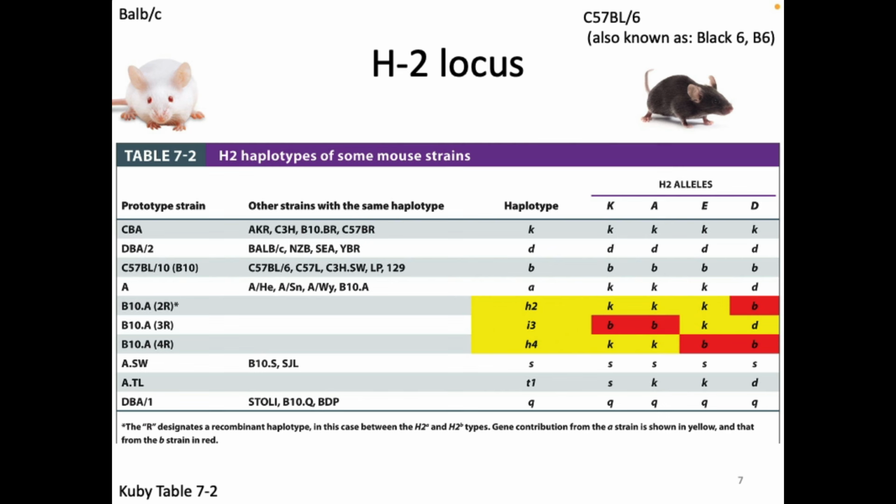This also brings up one other important thing, which is that sometimes we use this word haplotype when we talk about the MHC genes in a particular organism. Officially, the word haplotype means a group of genes that are inherited together.